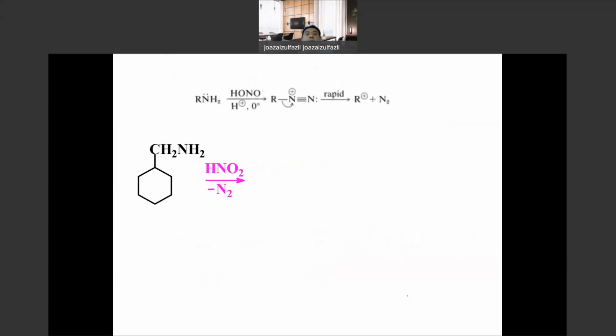Then we look at another example using a different functional group. In this case we use amines. The first step is formation of carbocation, and this equation shows the mechanism of how we form the carbocation, with nitrogen gas as the side product.